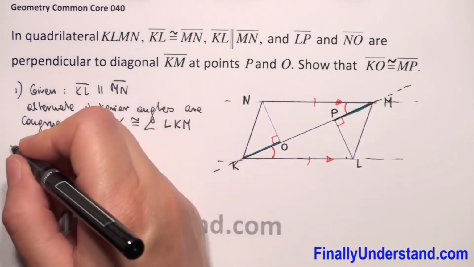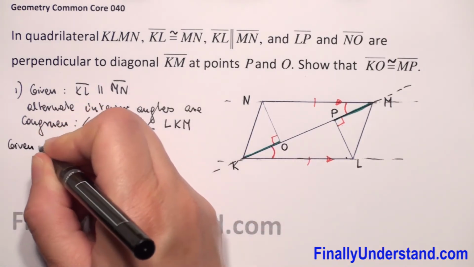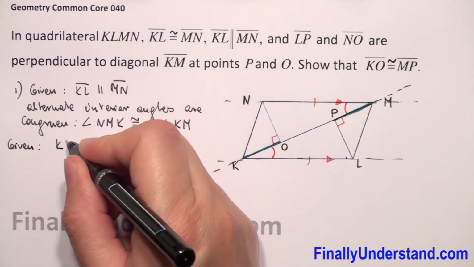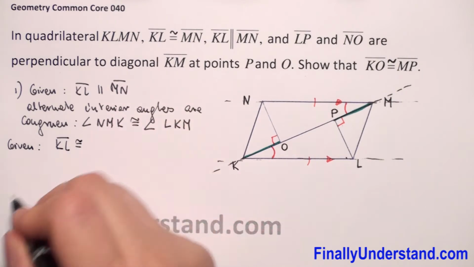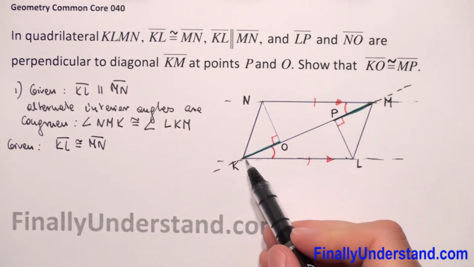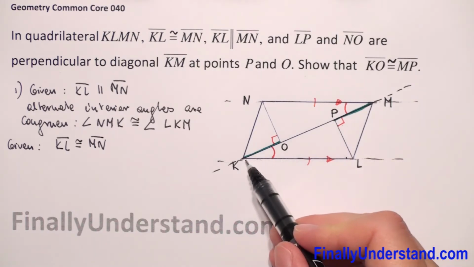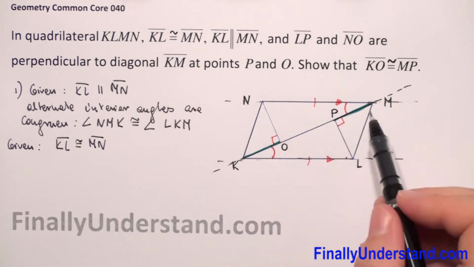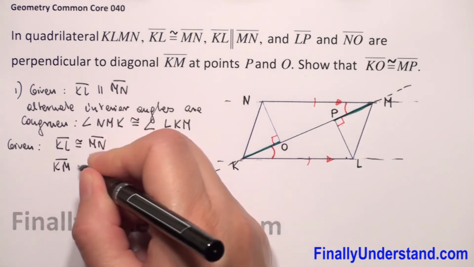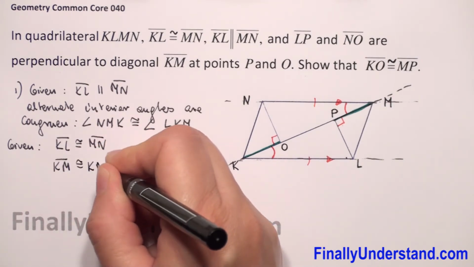We have given this. KL segment is congruent to MN, and also KM is congruent to KM by reflexive property. So we can write KM is congruent to KM.